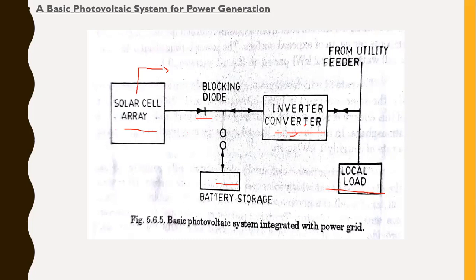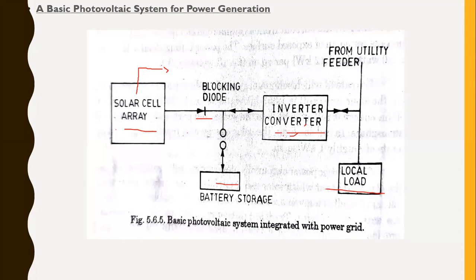This AC voltage should match the frequency and phase of the system to which you are feeding the power. So it should match with the utility grid. It is a DC to AC inverter.